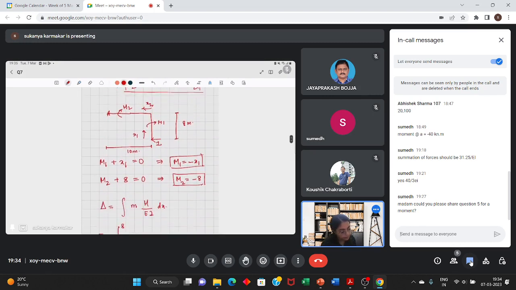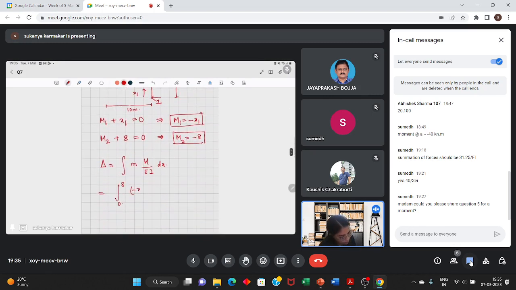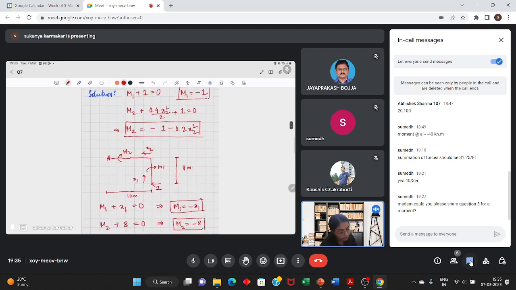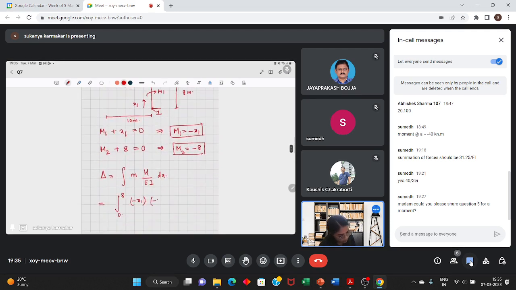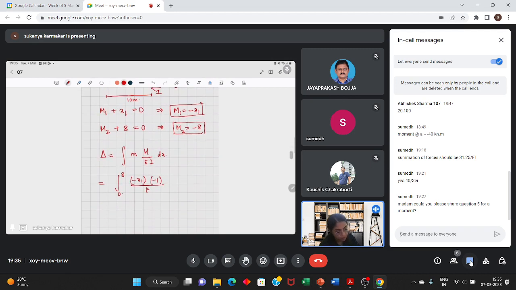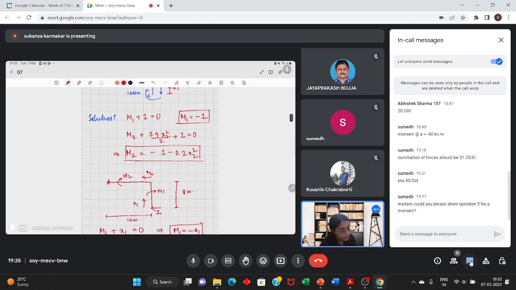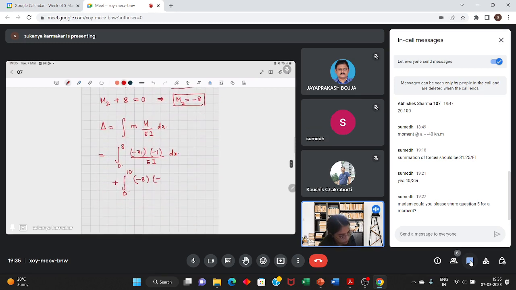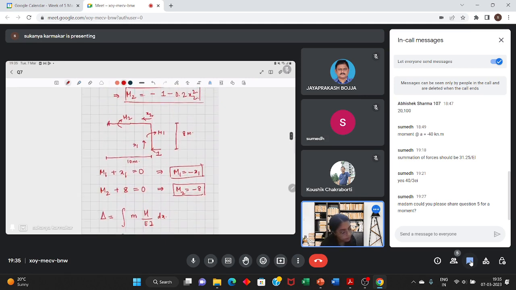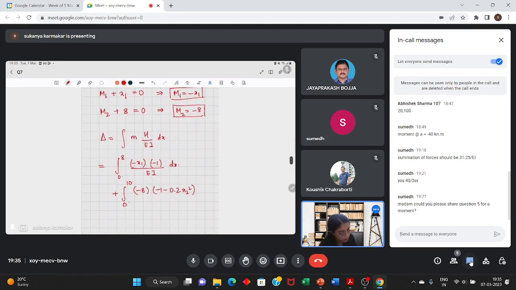There m1 is minus x1. And from here it was found to be minus 1 by EI. EI is same for both the structural members, EI into dx, and for the other member the length is 10 meters, so 0 to 10, here it is minus 8 into this expression, which is minus 1 minus 0.2 x2 square dx2 divided by EI.